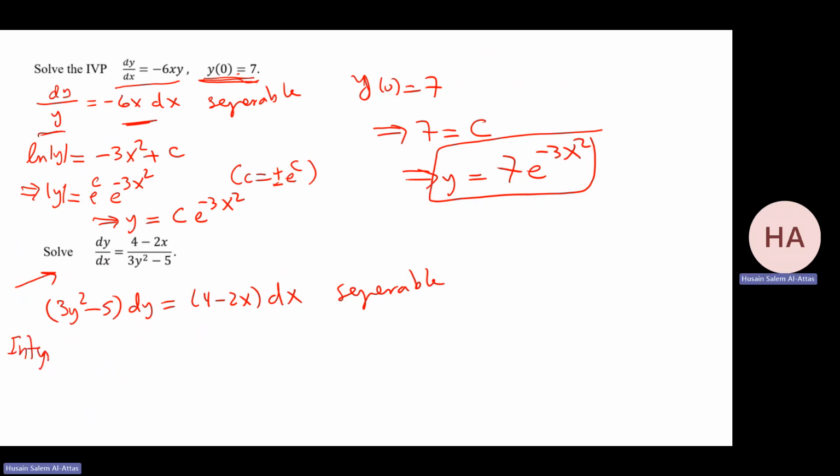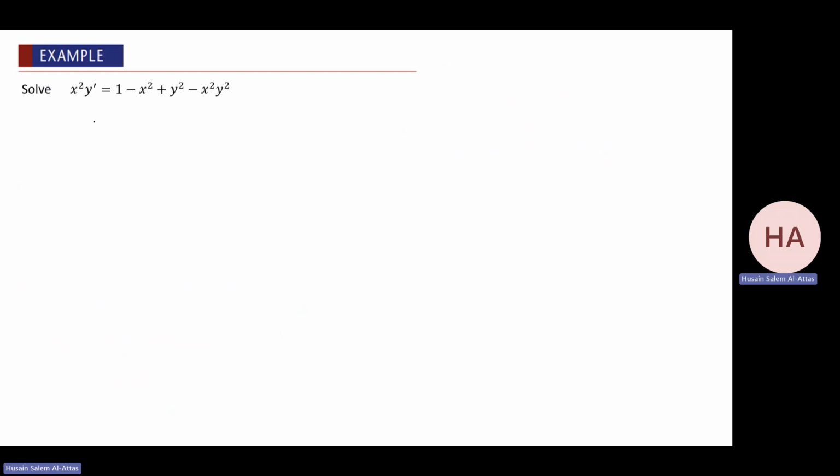You get y cubed minus 5y equals 4x minus x squared plus c. As I said, with the c on one side, because if they put one on the other side, take it to the other side and call the difference between these two constants another constant c. So no need to write both of them. I don't need that.